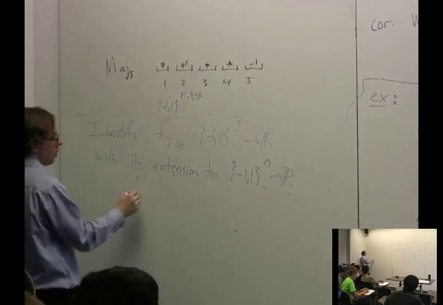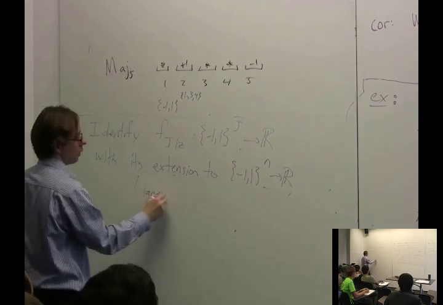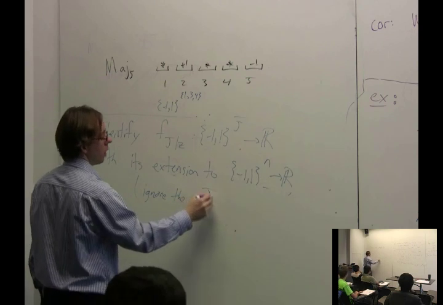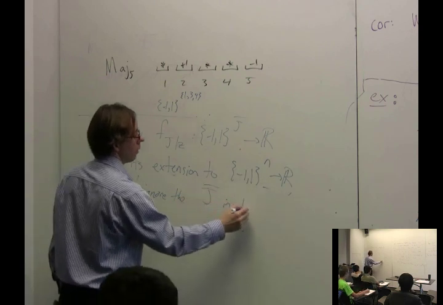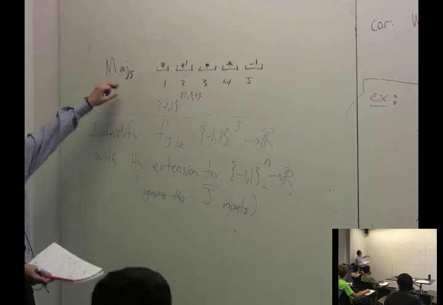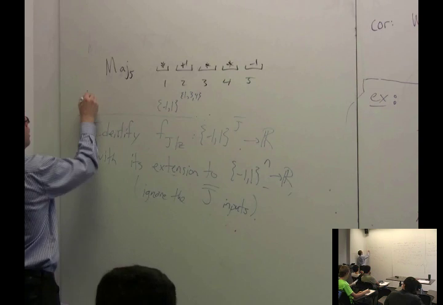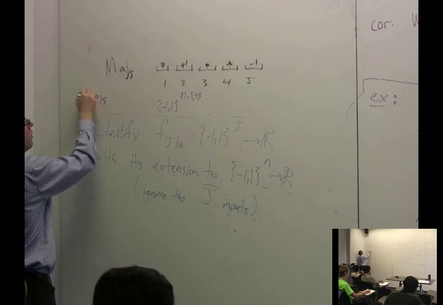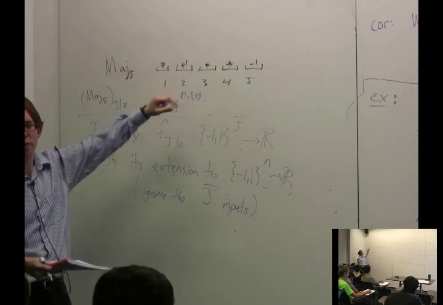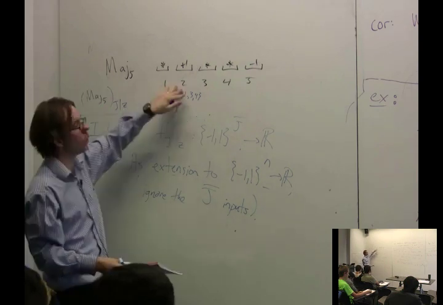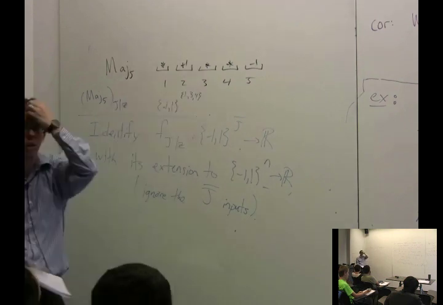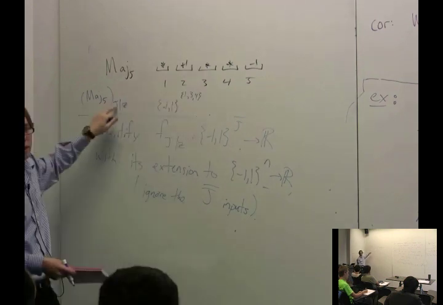It just means you ignore the J bar inputs. So in this case, we'd still think of this restricted function, majority of 5 on this restriction, as having domain minus 1, 1 to the 5. It's just that the first thing you do when you see a string is ignore what's in 2 and 5, and you only care about the coordinates in the set J.